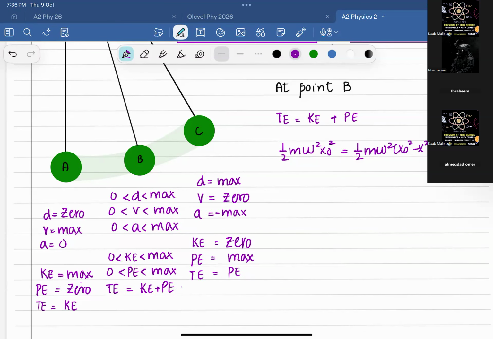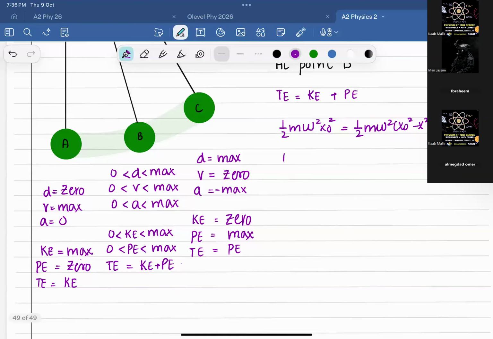If you expand the kinetic energy, you will get half m omega squared x naught squared is equal to half m omega squared x naught squared minus half m omega squared x squared plus potential energy, right?